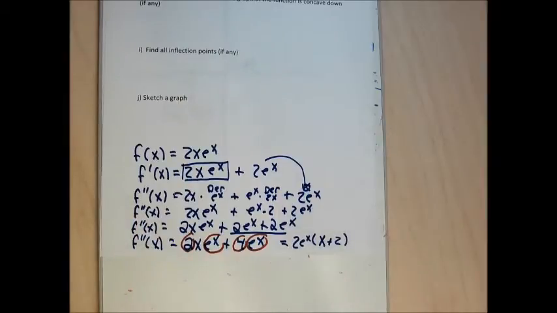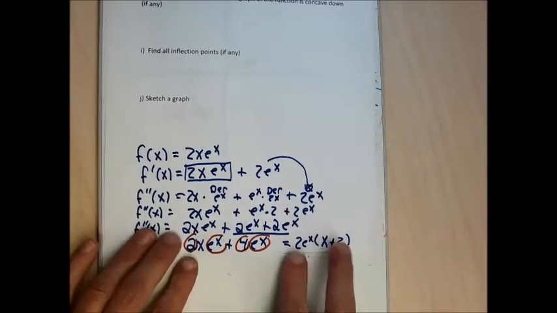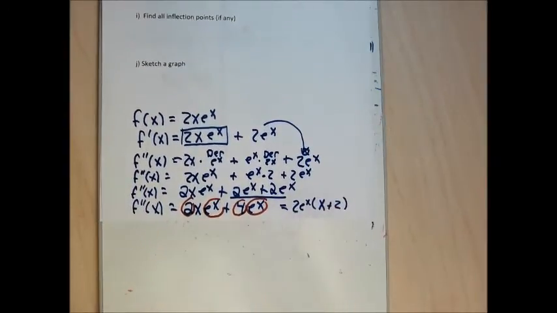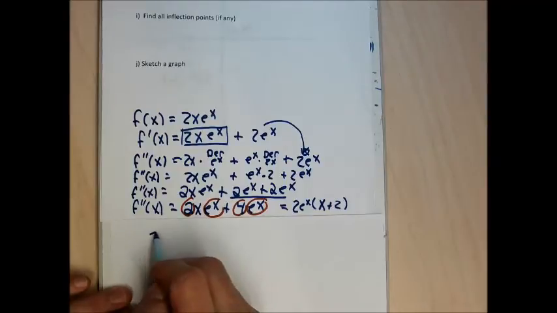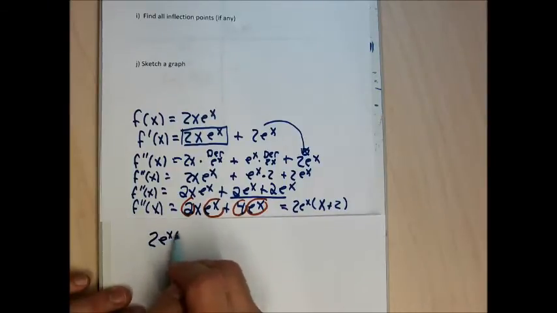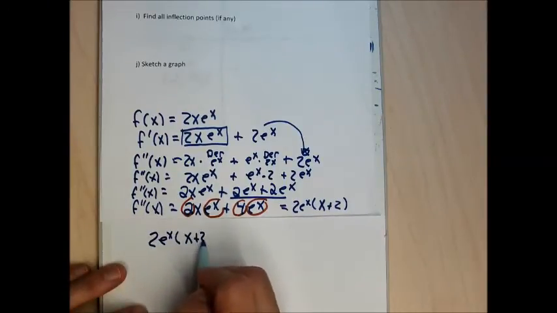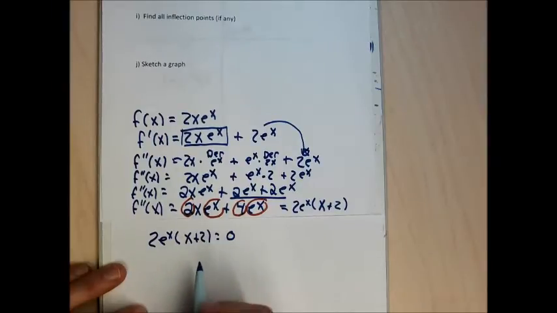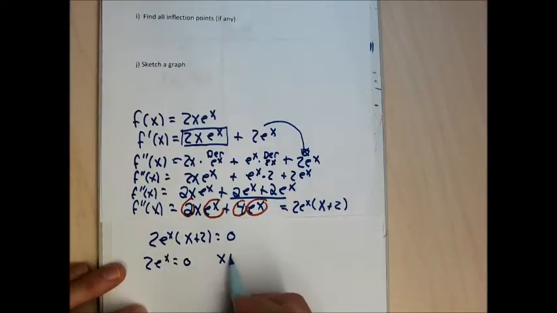So now that I have a really working version of the second derivative, I need to get the critical numbers. I get the critical numbers by taking that second derivative and setting it equal to 0. So I'm going to take 2e to the x times x plus 2 and set it equal to 0. That's factored, so I'll just take the factors 2e to the x and set it equal to 0, and x plus 2 and set it equal to 0.